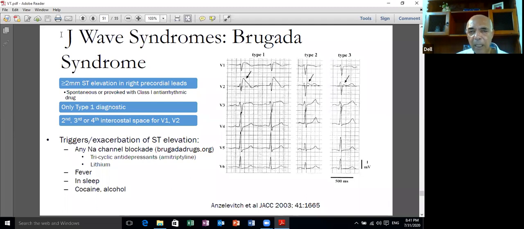Now the underlying mechanism for this is loss of function, not gain of function like long QT3. It's loss of function of the sodium channel. So as a result of that, phase 0 depolarization is stunted. The second phase after that is the Ito, transient outward current.